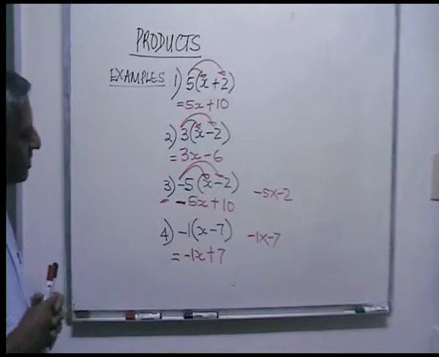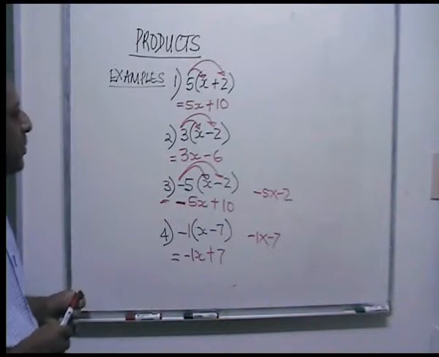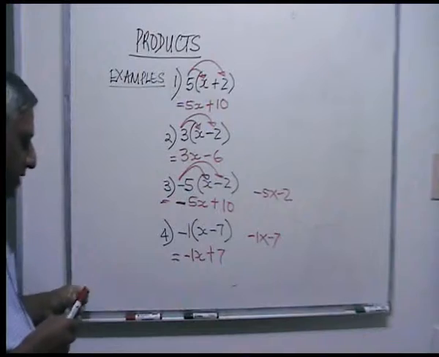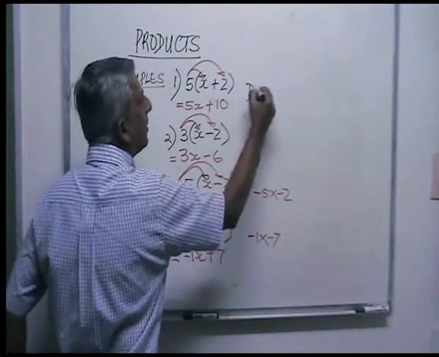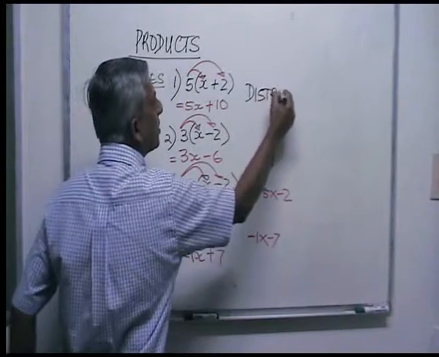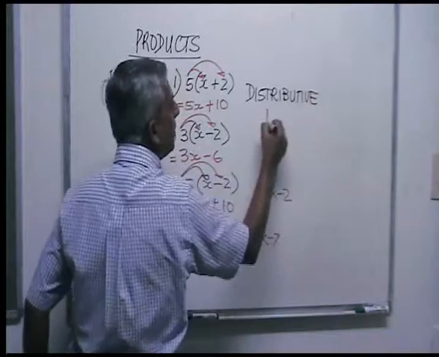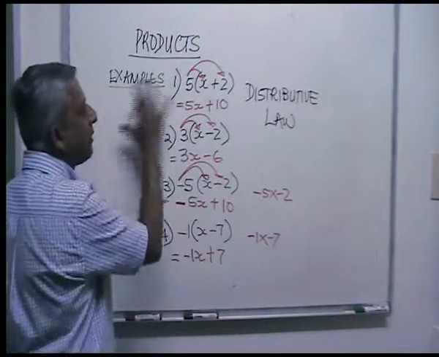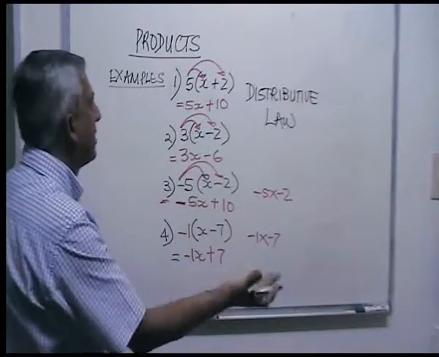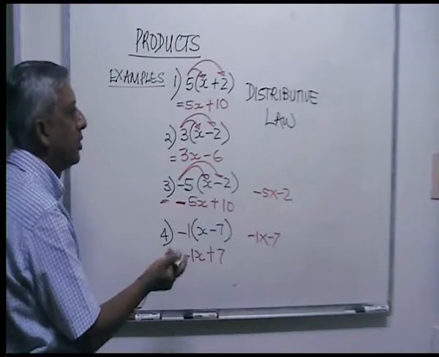I'm just going to do a few more examples. But this is the simplest of products. And what we're doing over here is actually we're using a rule called the distributive law. I'm saying products. Another teacher can say apply the distributive law. It means to do exactly what I'm showing you.